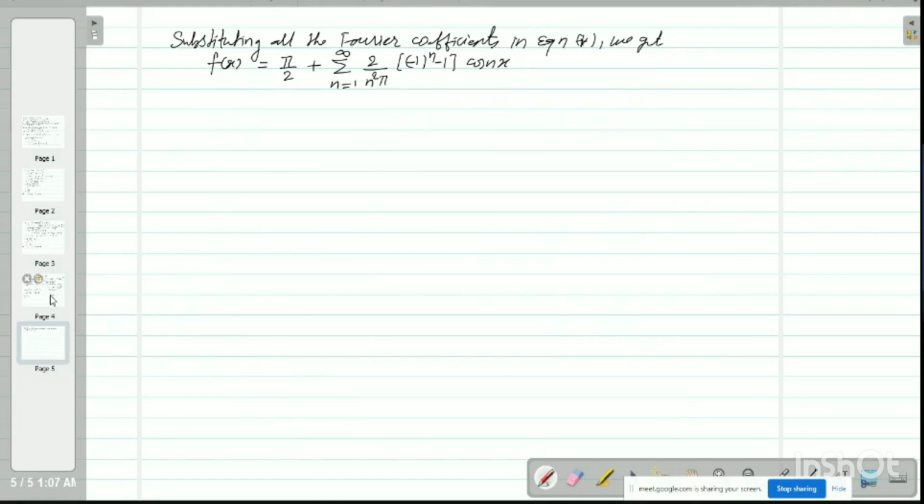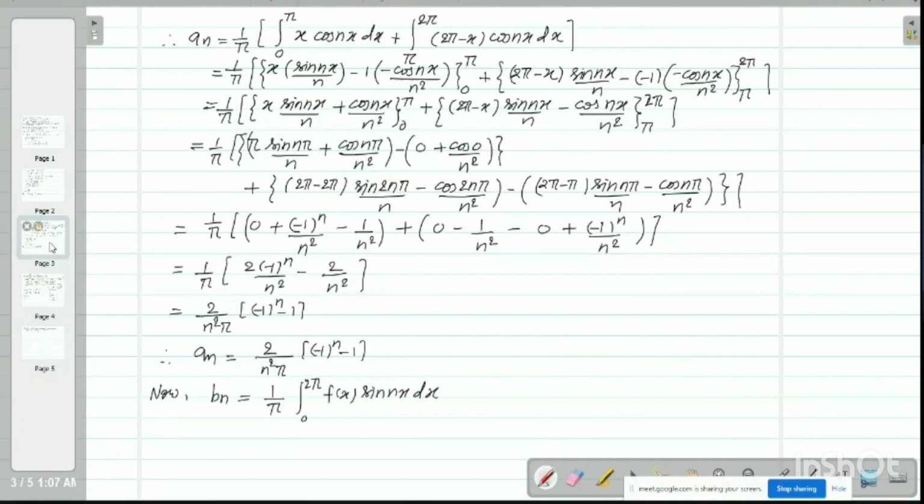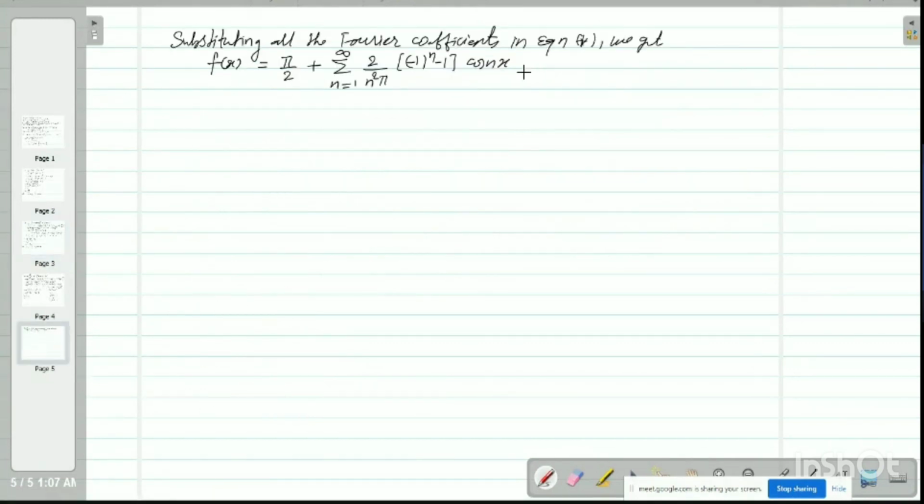This was it, right? Check once again. So -1 raised to n, 2 by n square pi, -1 raised to n minus 1. Okay, same thing. And plus the sum from n equal to 1 to infinity of bn, which is 0, sin n x, so this will be 0.